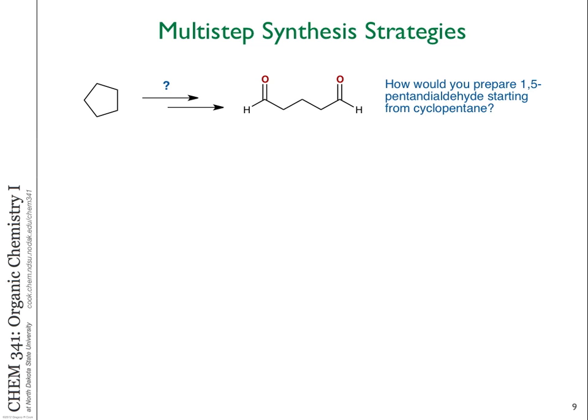But we've covered enough chemistry in this class so far. You have been exposed to enough different reactions that you can do that. You can solve that problem. It might take you a while because you're not used to thinking this way, but you should be able to do that. The way we think about this as chemists is to think about a multi-step synthesis, and the best way is to try to think about what reactions we know, starting from the final target and moving backwards until we can get to something that we start with.